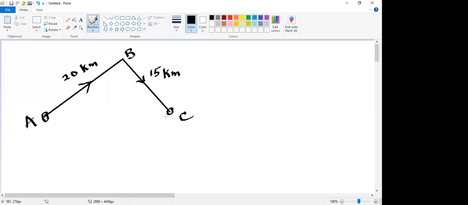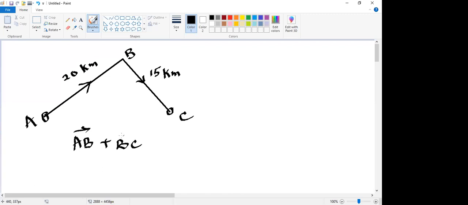But we are looking at those two as vectorially equivalent. And we write that when I move from A to B, I have vector AB and then vector BC.